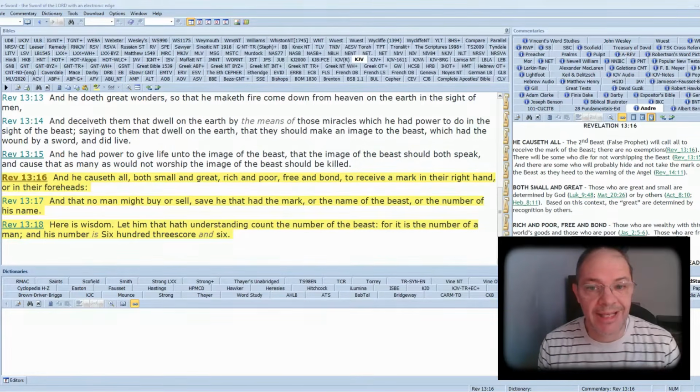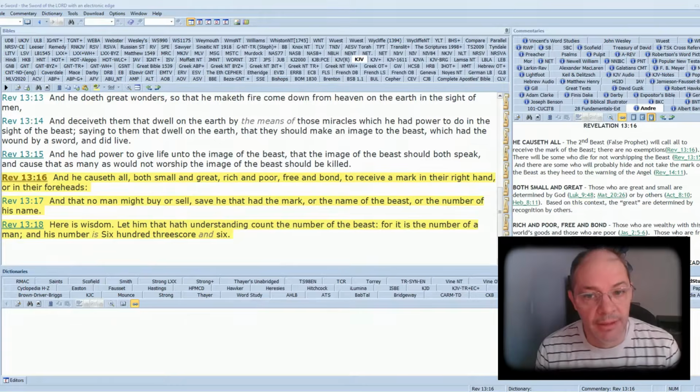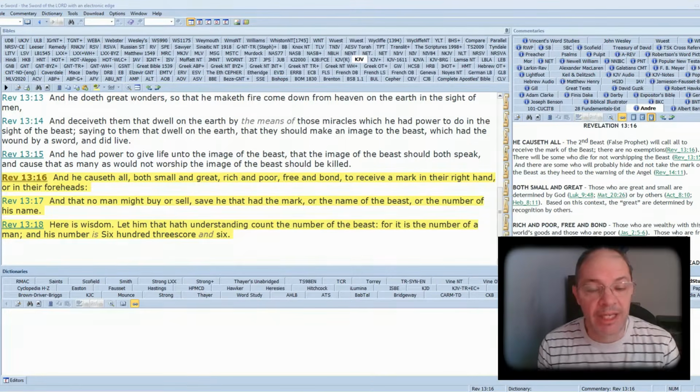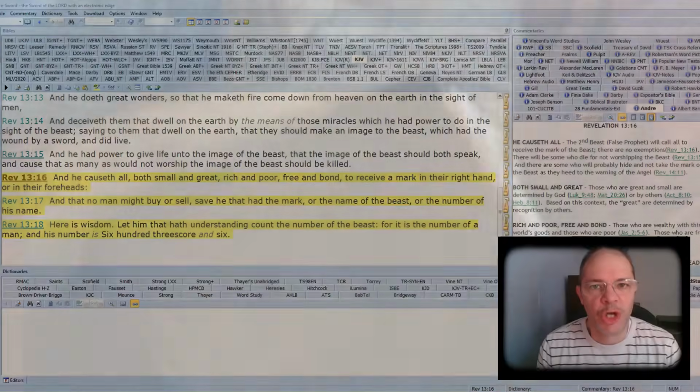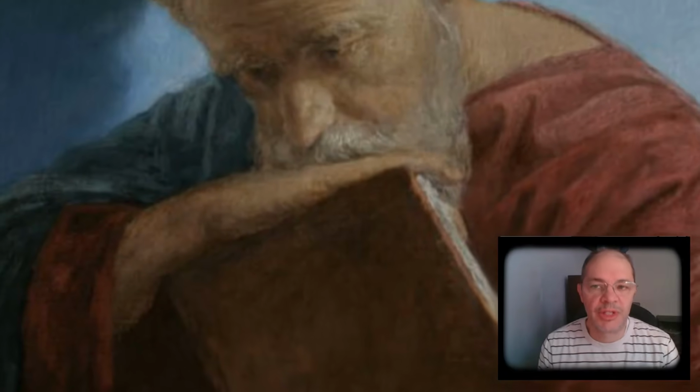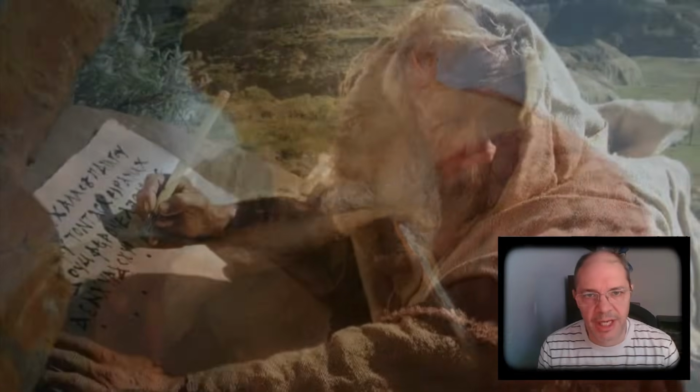Here is wisdom. Let him that has understanding count the number of the beast, for it is the number of a man, and his number is 600 threescore and six." In other words, his number is 666.